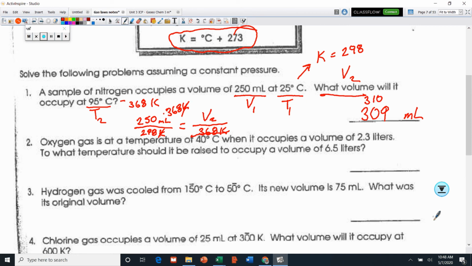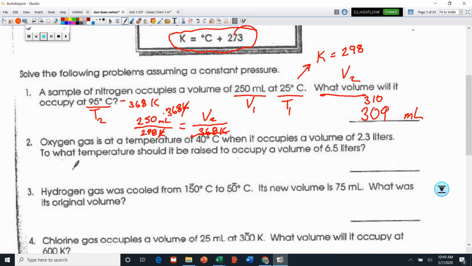All right, so you can do that. But really and truthfully, when your temperatures are in Celsius and we go to Kelvin, you can actually use that as 3 sig figs if you choose. But just go ahead and pay attention to what's there.